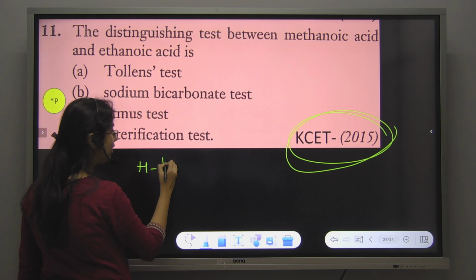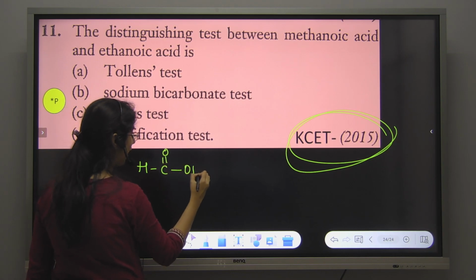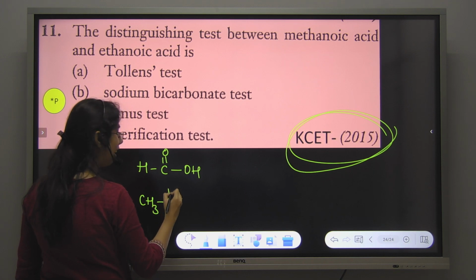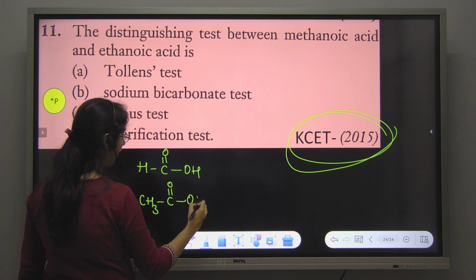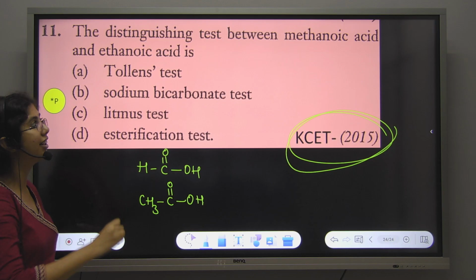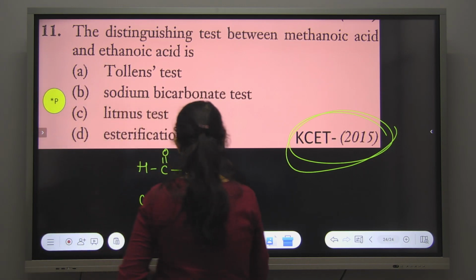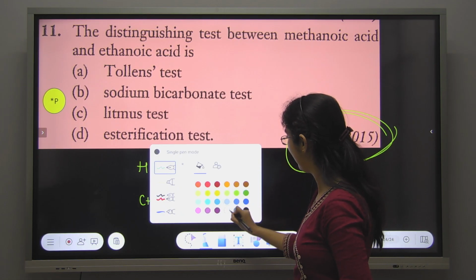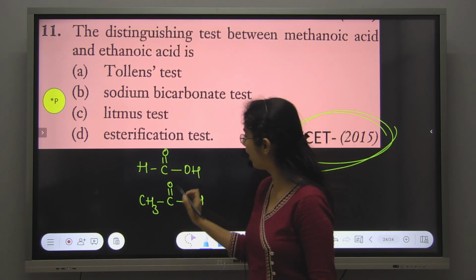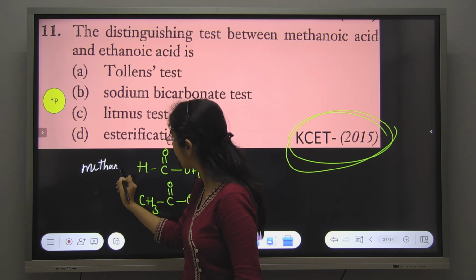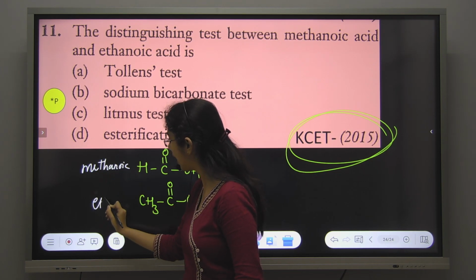When you write the structure of the compound... No, no, where is the aldehyde here? What you are given is methanoic acid. This is methanoic acid and this is ethanoic acid.